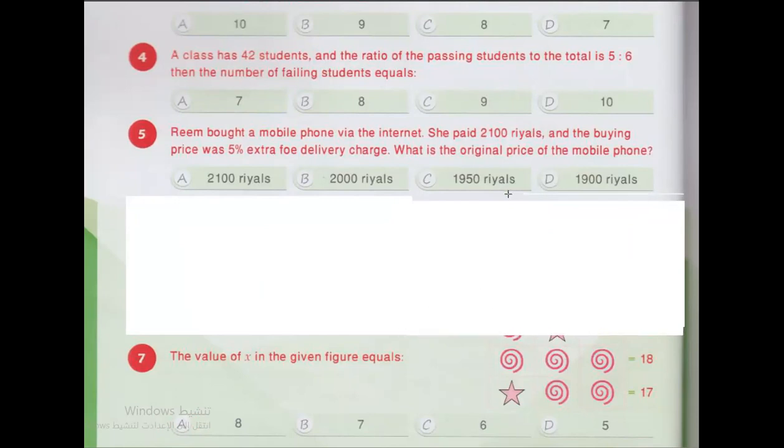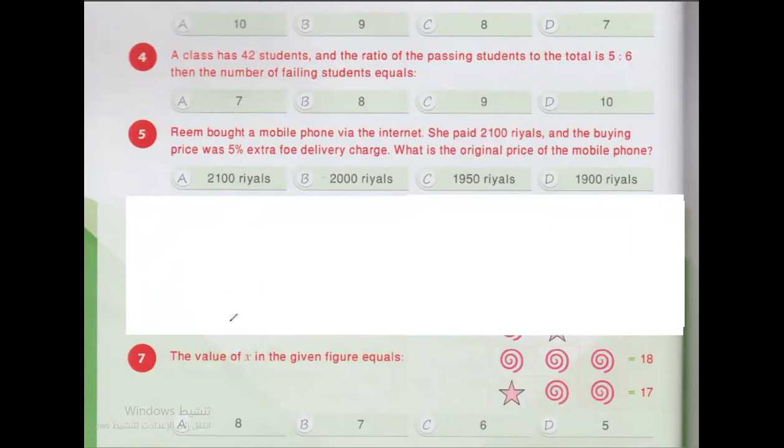Liam bought a mobile phone via the internet. She paid 2,100 riyals and the buying price was 5% extra for delivery charge. What is the original price of the mobile phone? What will I do here?